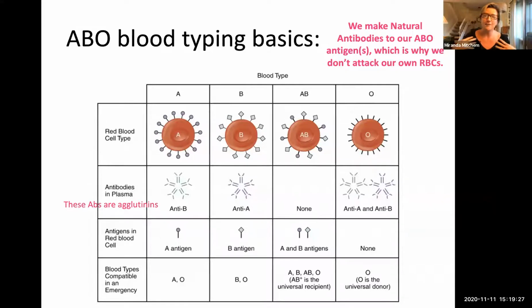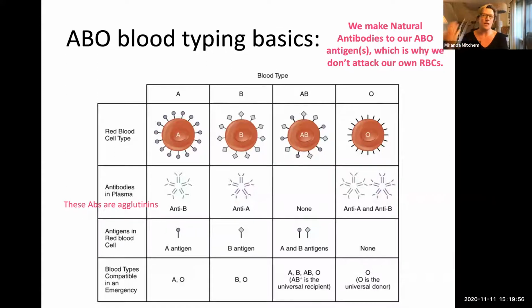So we have natural antibodies to our own blood group antigens. So for me, I'm blood type A. So that means I have anti-A natural antibodies. Those don't cause me any problem at all. In fact, those are what are helping my immune system know not to respond to blood type A. But I also do have antibodies to B as well.